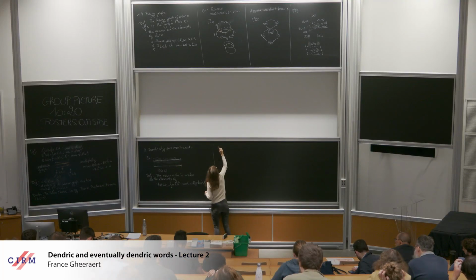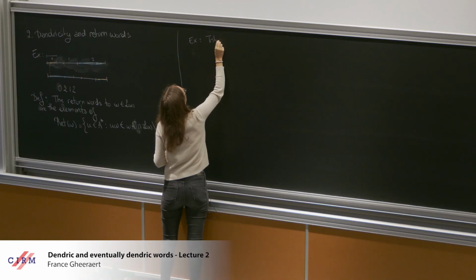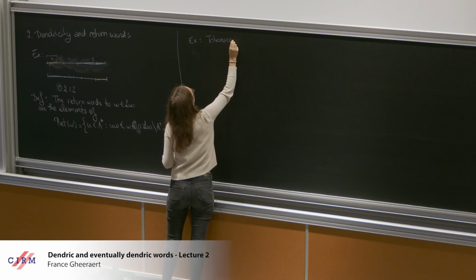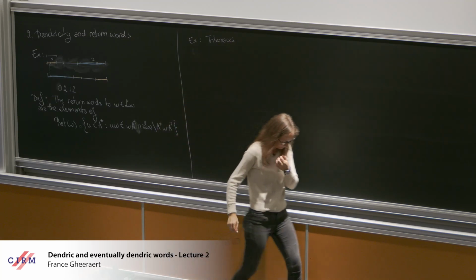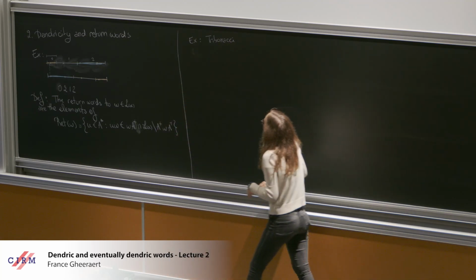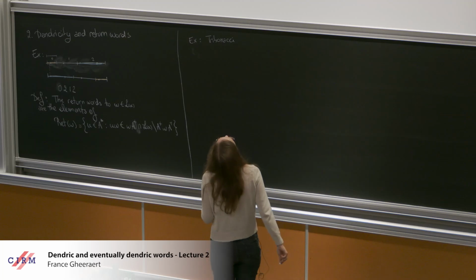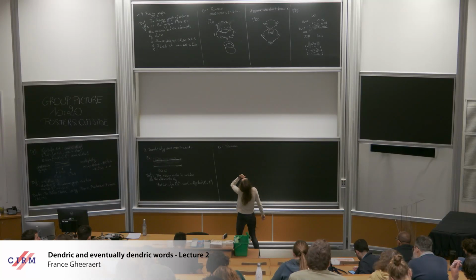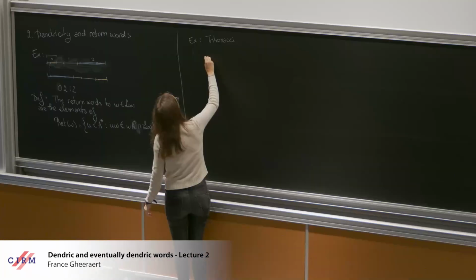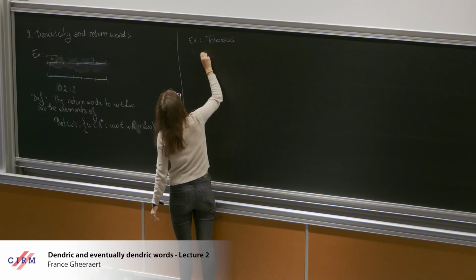So let me do a more combinatorial example. Again, with my favorite word. You can still see it on the top. But what would be the return words for 1?